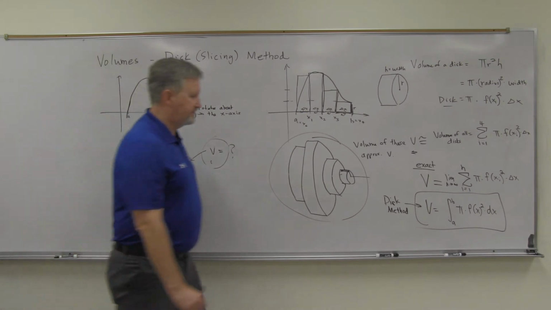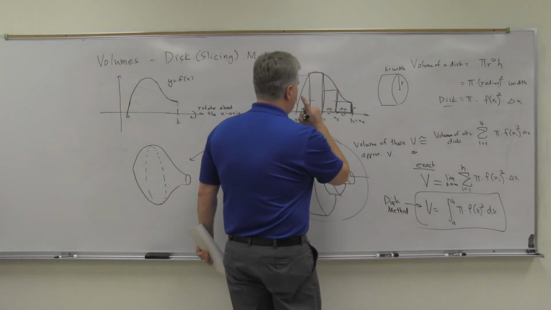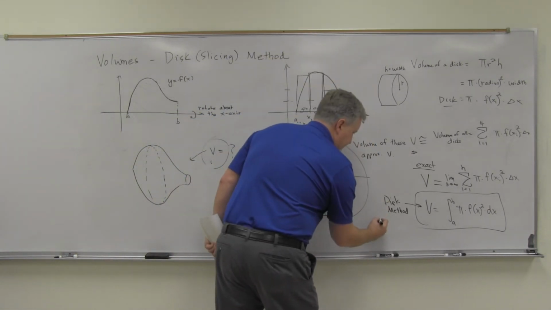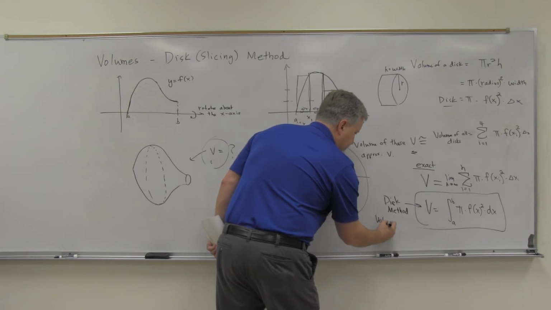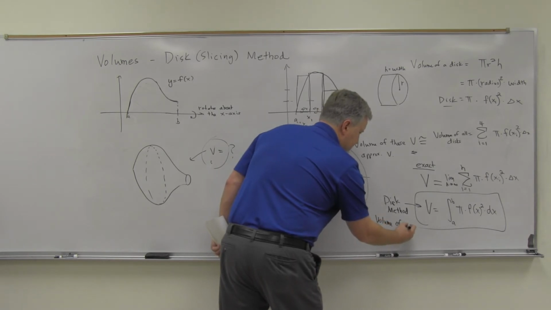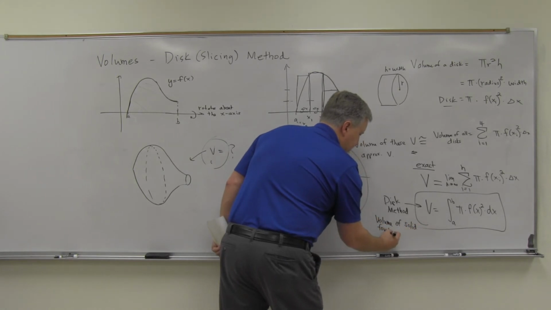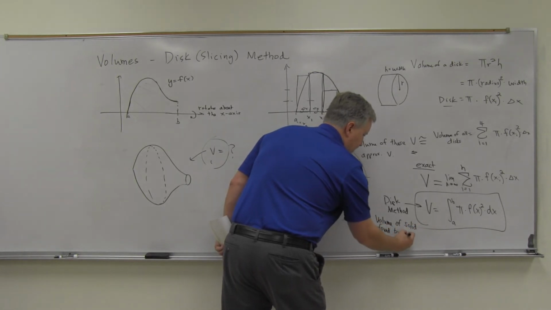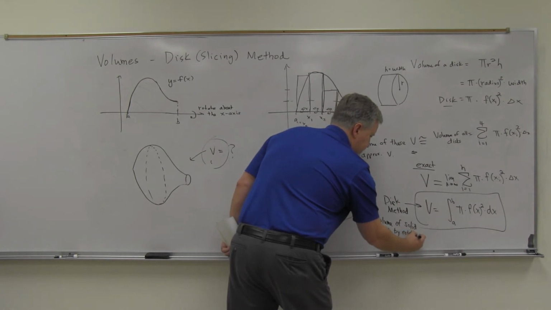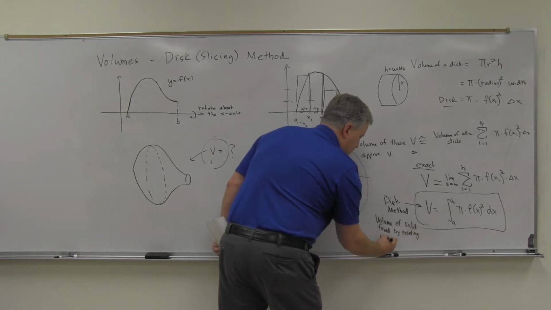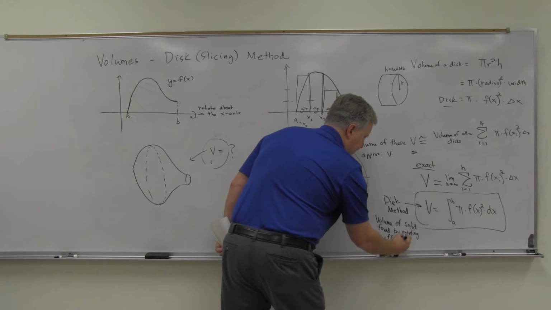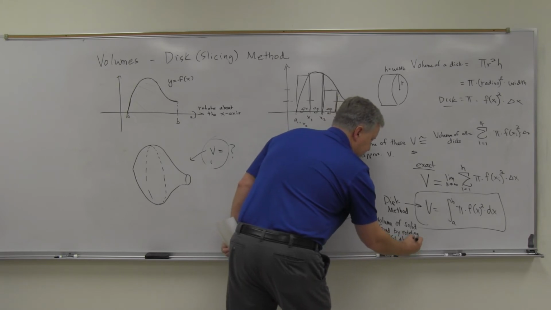To get a little more specific, it's the volume of the solid found by rotating y equals f of x about the x-axis.